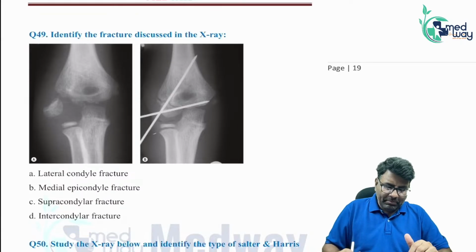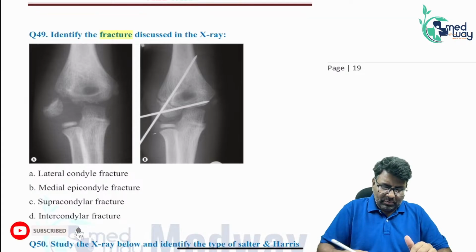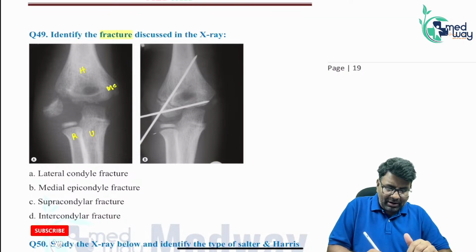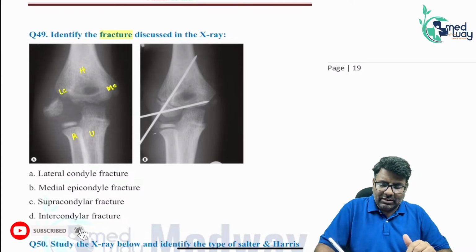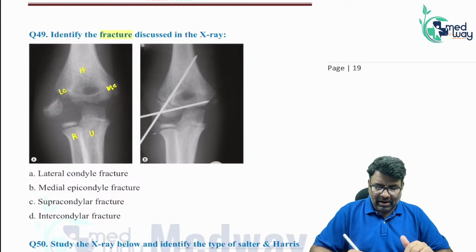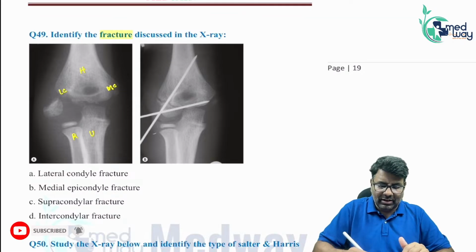Next question, identify the fracture which is being discussed here. You can see this is the humerus, ulna, this is the radius, this is the medial condyle, this the lateral. We can see a fracture which is involving the lateral condyle. So this is a fracture of the lateral condyle, and it is fixed with open reduction internal fixation using K wires.